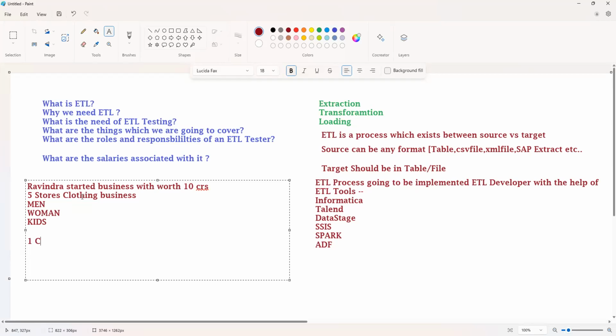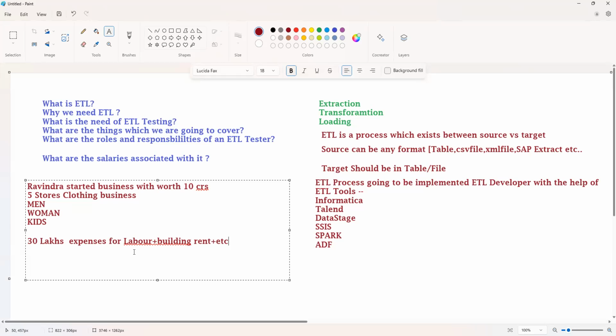Consider it 30 lakhs as the expenses. 30 lakh expenses for labor, plus building rent. Just I'm giving an example, building rent, and other than that, etc. Let's consider a lot of expenses.